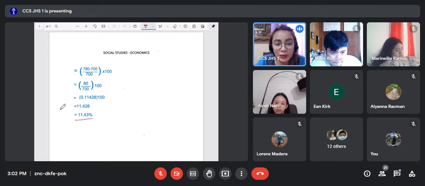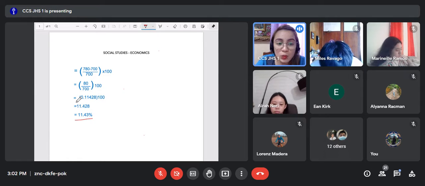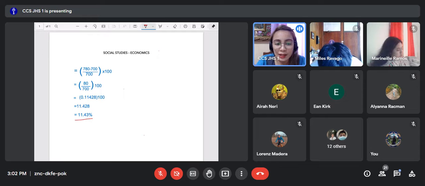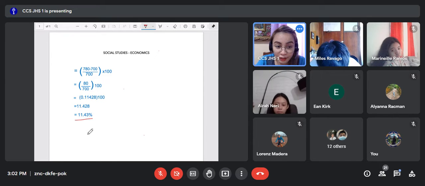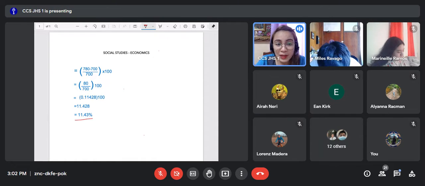The answer is 0.11428, times 100 is 11.428. Since we have to round it off to two decimal places, this will give you an answer of 11.43%.